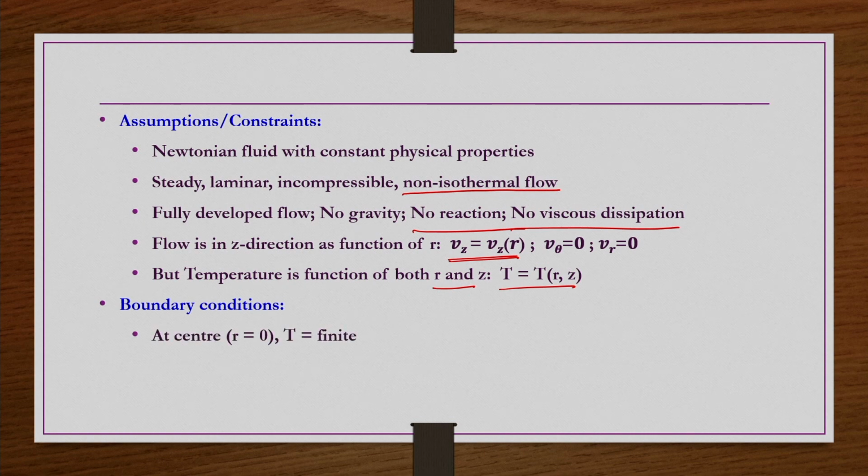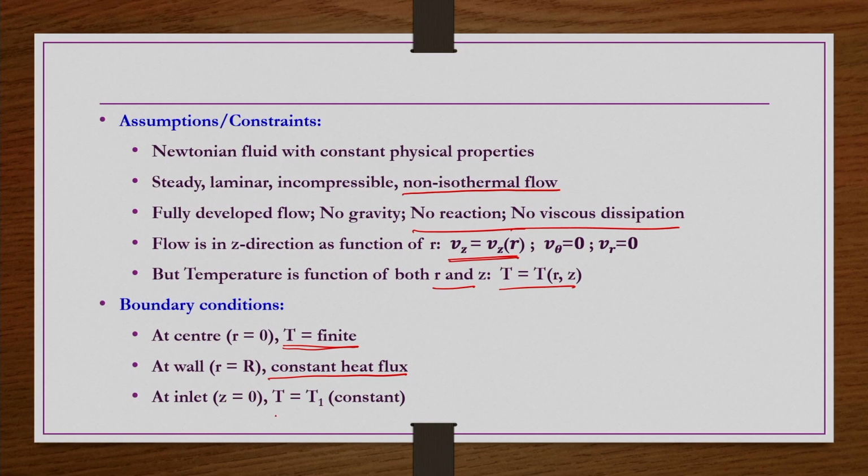Then the boundary conditions for the temperature we are writing, because for the fluid we already know the very simple ones. At the center, at R equals 0, we do not know whether it is maximum, minimum, negative or positive, we do not know anything, right. So, we are saying that it is a finite value, just finite, and then the walls are maintained at constant heat flux. Okay.